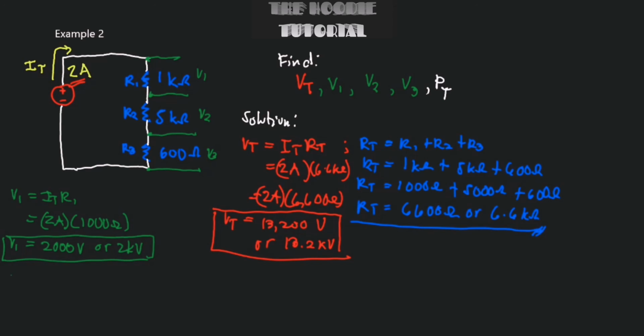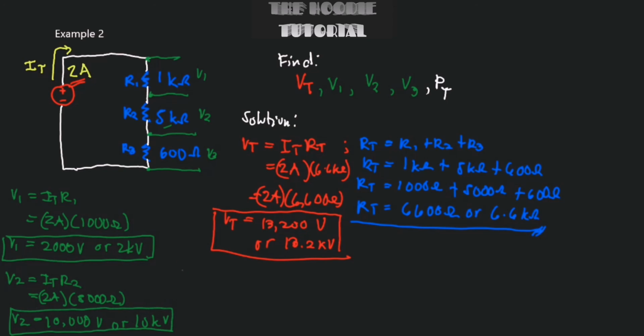So let's put a square. We already have V1. We need to find V2. That would be IT multiplied by R2. IT and I2 are both the same. We have 2 amps right here. R2 is equal to 5 kilo ohms, or 5000 ohms. Therefore, we would have 10,000 volts, or 10 kilovolts voltage drop across R2.